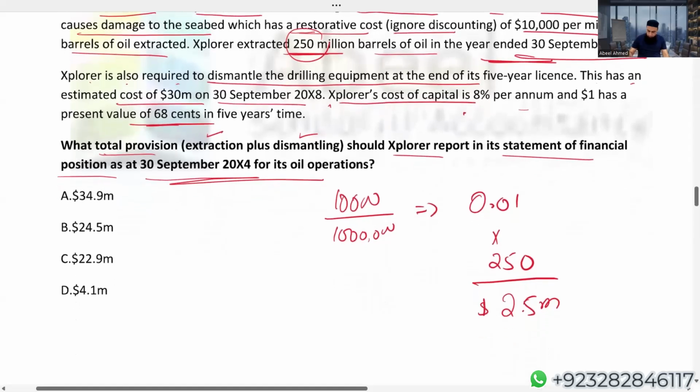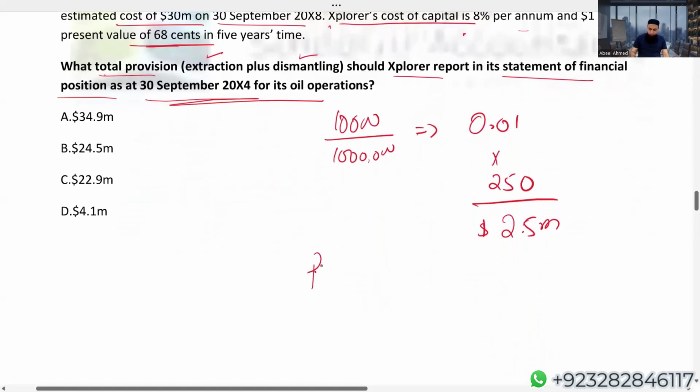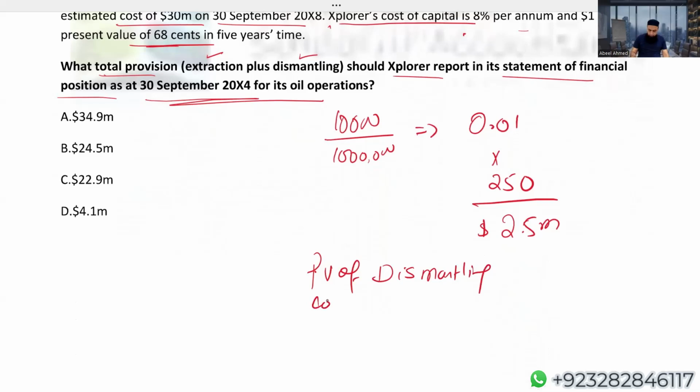Look at this. Present value of dismantling cost. The dismantling cost is going to be 30 million in 5 years' time, and the discount factor for 5 years is 0.68. Multiplying 30 by 0.68, I'm getting 20.4. Now listen. On day 1, that is 1st October X3, the double entry of dismantling cost is property, plant and equipment debit by 20.4 million and provision credit by 20.4 million.